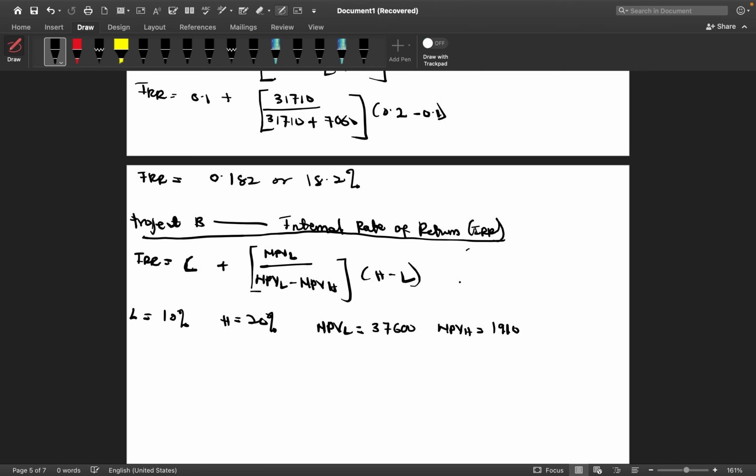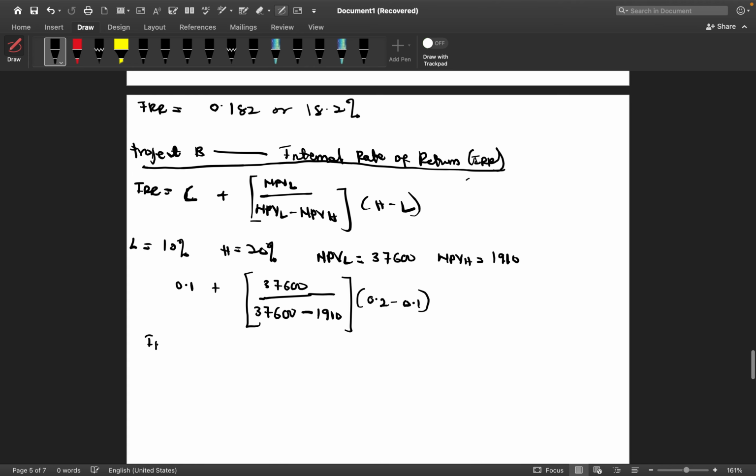I picked them from the solution, so I just substitute here. This is 0.1 plus 37,600, NPVL, over NPVL 37,600 minus 1,910. So higher rate, this is 0.2 minus 0.1.